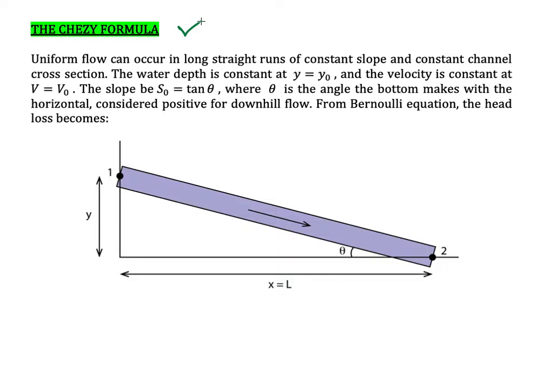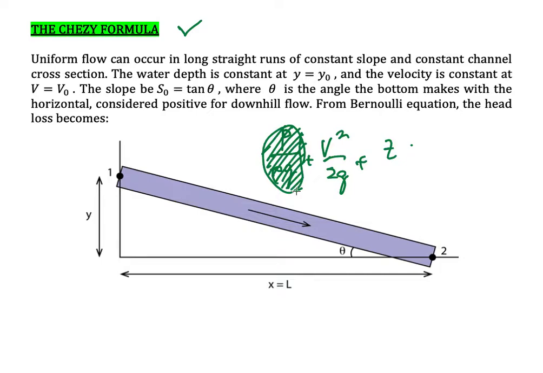However, in open channel we assume there is no hydraulic pressure, meaning the pressure is atmospheric at all points. So from the Bernoulli equation, P over rho g plus V squared over 2g plus Z, the term P over rho g can be neglected.